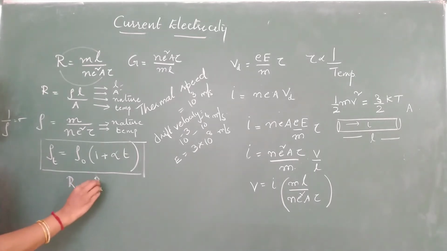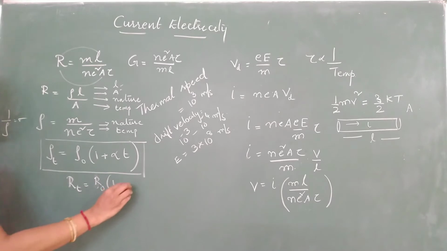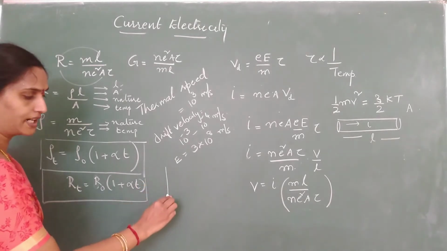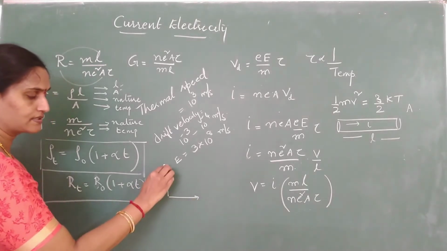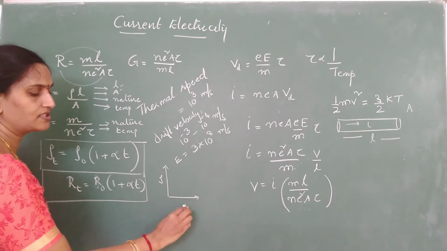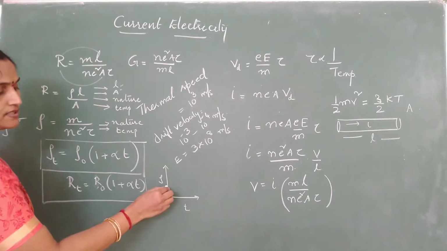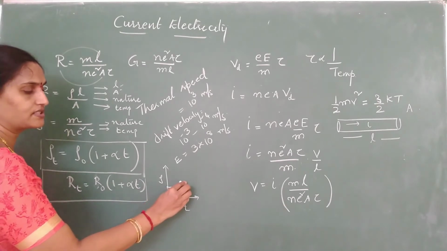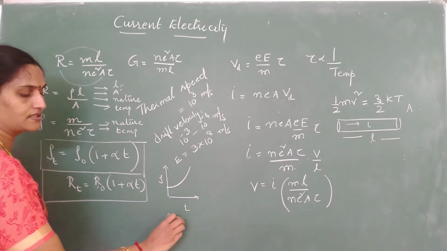You can write R T is equal to R naught into 1 plus alpha into T. These two relations tell you how resistivity and resistance vary with temperature. Apart from this, we have also studied the graphs. For metals, how is resistivity changing with temperature? At 0 degrees, it has some resistivity. As temperature increases, resistivity also will increase. This is for metals.